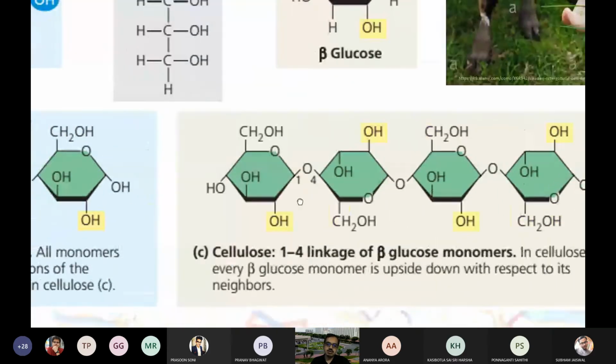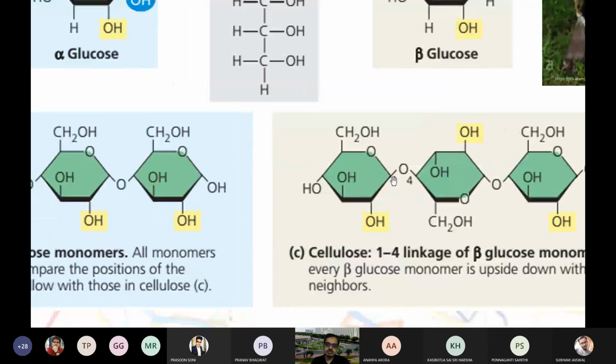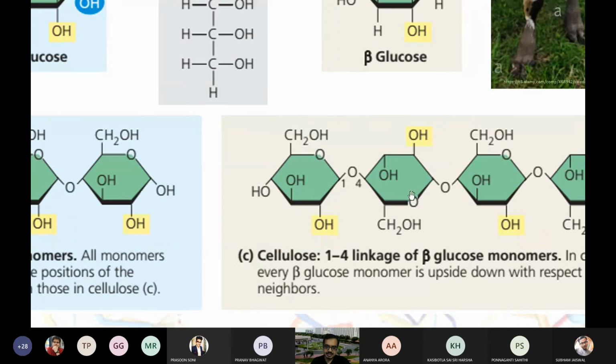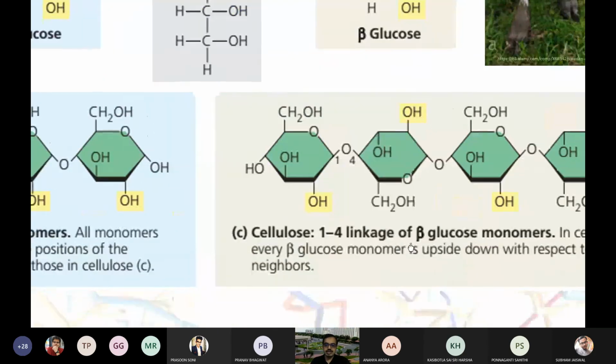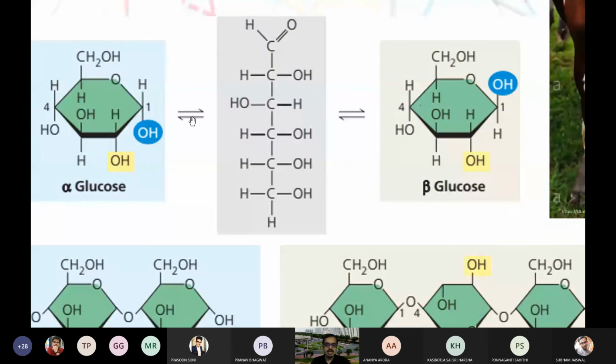Why can't we digest cellulose? What is cellulose here? Yes, it is 1,4 linkages here. Same 1,4 linkage, but there is a bit of difference. Here it is an alpha glucose monomer, and here it is a beta glucose monomer. What is this beta glucose? You see here, the OH group on the first carbon atom is downside in alpha glucose, and in beta glucose it is upside.